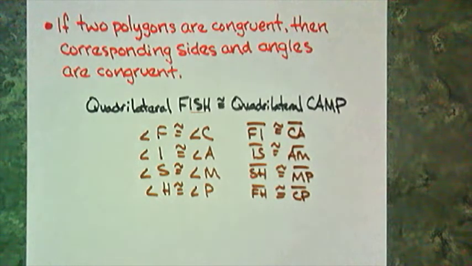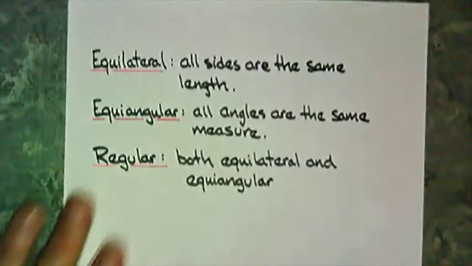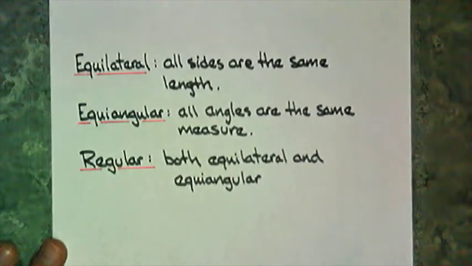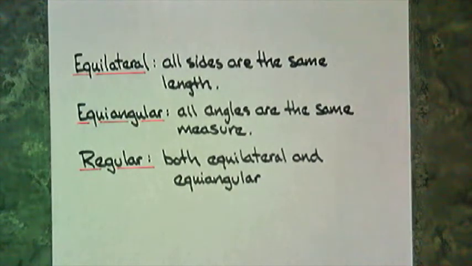All right? I have some other words for polygons, most of which you've heard. The word equilateral means that all sides are the same length. Okay? Fantastic. Equiangular means that the angles are the same measure. And the word regular means that it's both equilateral and equiangular.